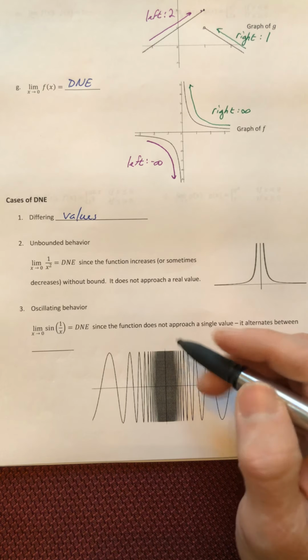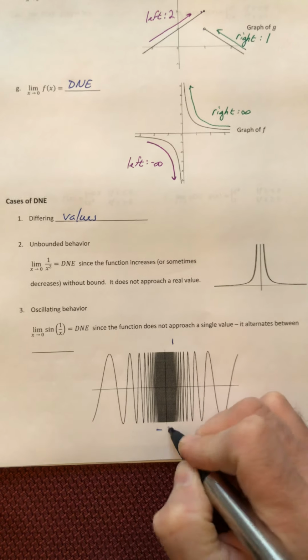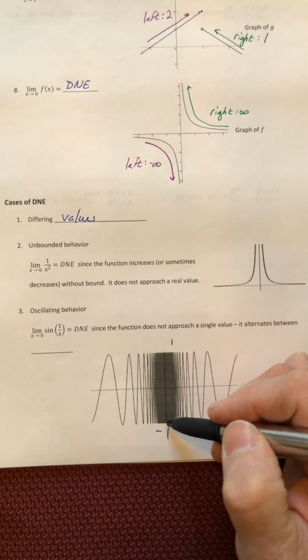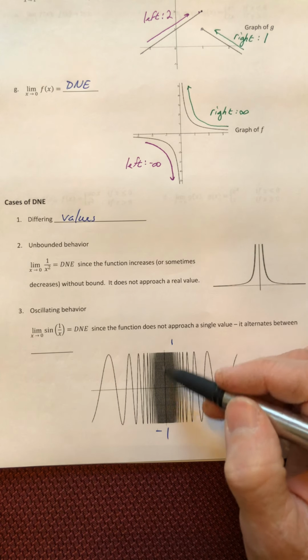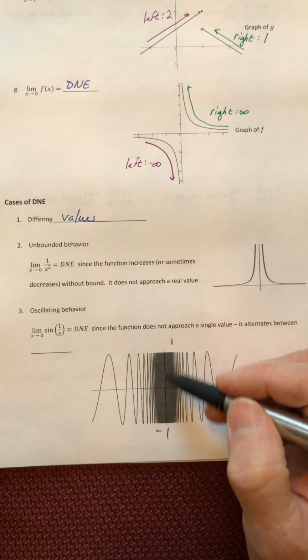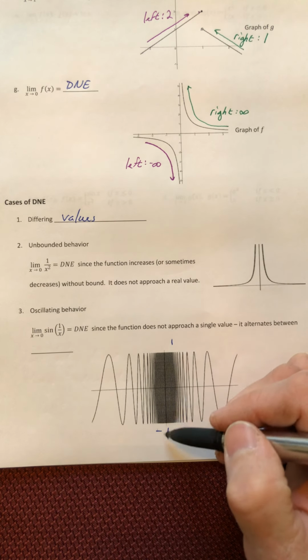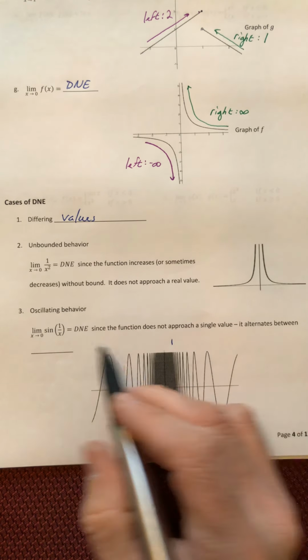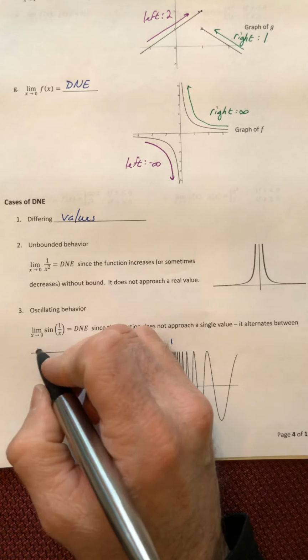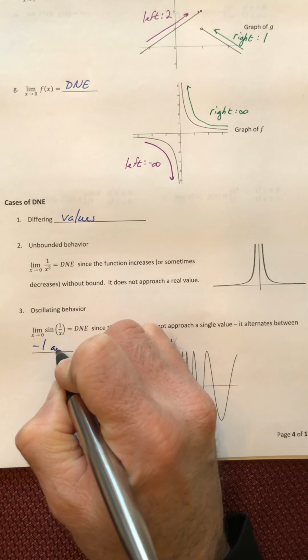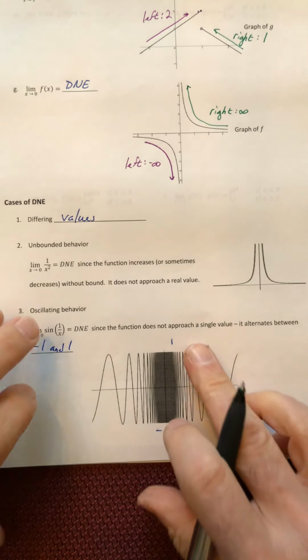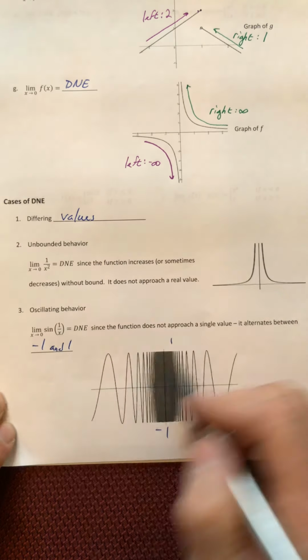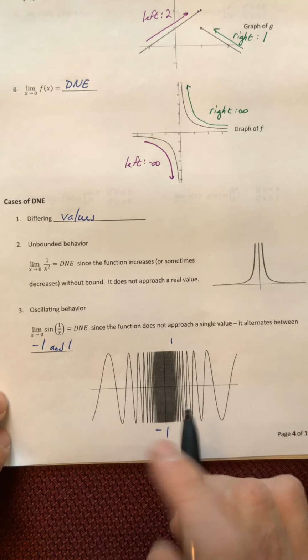So it's bouncing in between 1 and -1. Since it's bouncing incredibly fast, it can't decide which of the two to actually land on. So it does not exist. So it's alternating between -1 and 1. So these are your three cases of D and E.